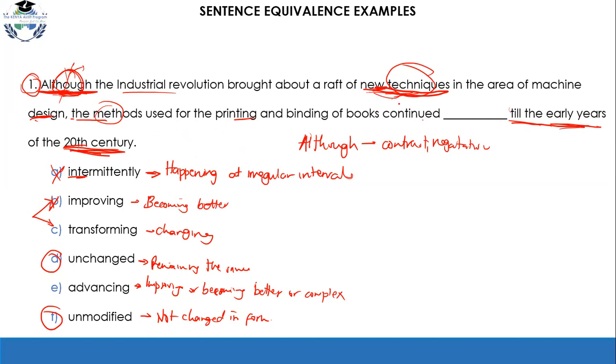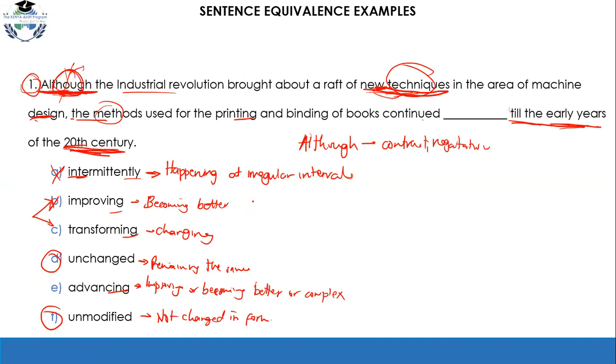So although there were new techniques, something within printing and binding remained the same. That's why these two words are in the past tense, and it's the only words actually in the past tense. Shadrach, I hope that's better for you.